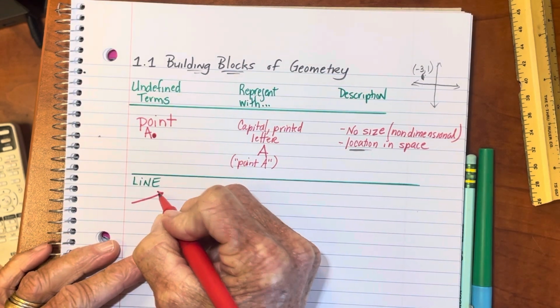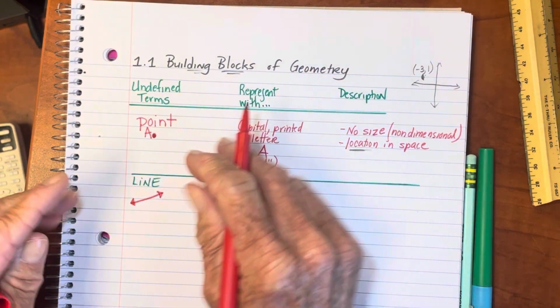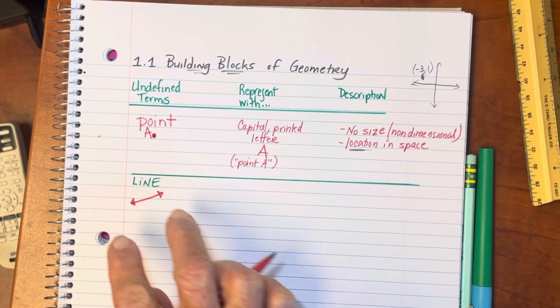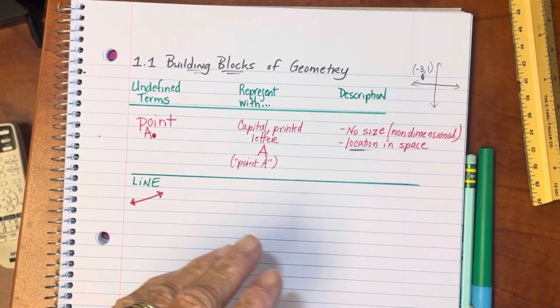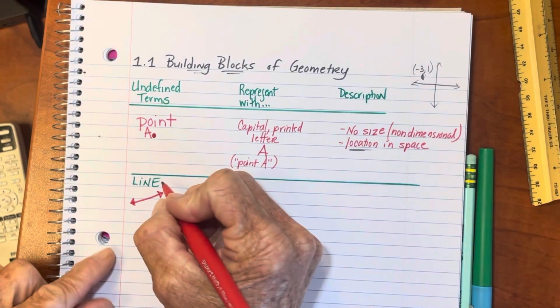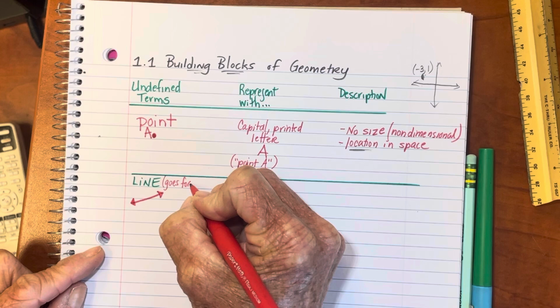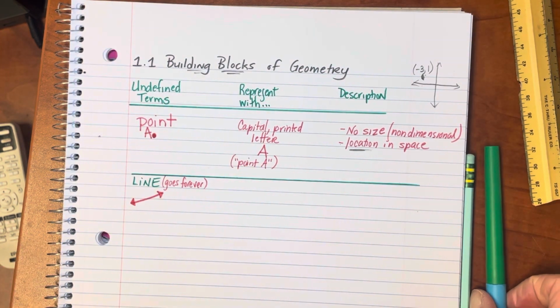We need to put arrowheads on the end to show that it goes forever. So the line is infinite and it has to have arrowheads on the end of it. I'll come back to this in a minute and add some more to the picture, but really that's what a line looks like. Let's just say it goes forever. In theory anyway, lines are infinite, okay?